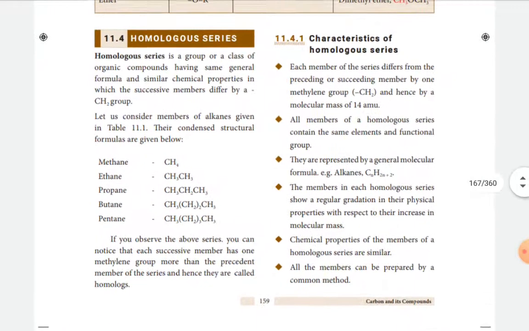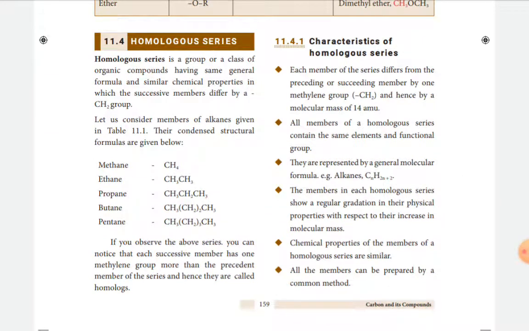Homologous series is nothing but compounds having the same functional group but differing in composition by a fixed group of atoms. Homologous means the organic compounds have the same general formula and similar chemical properties.